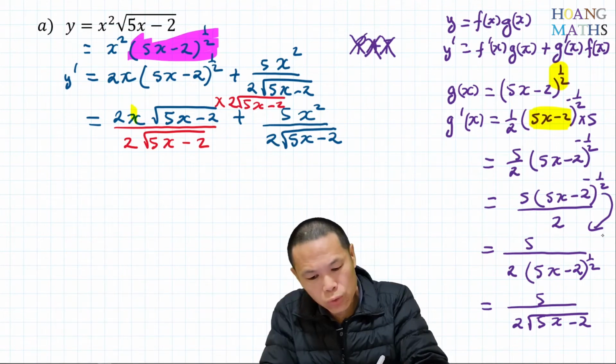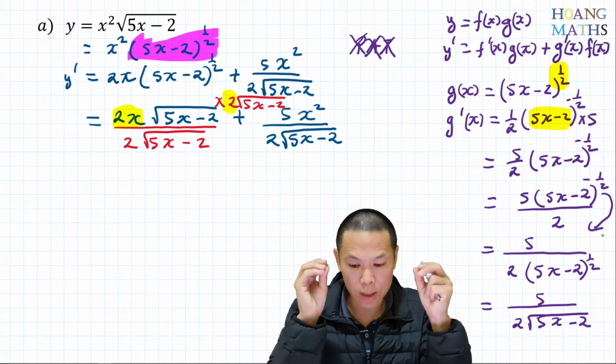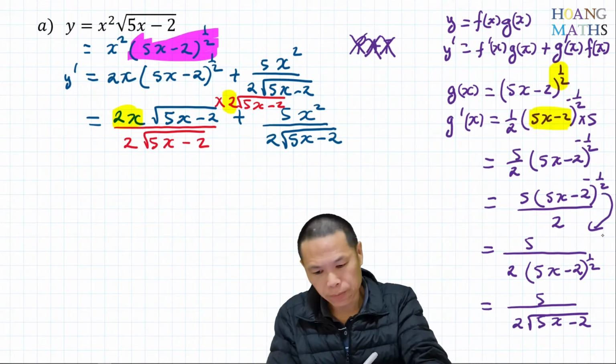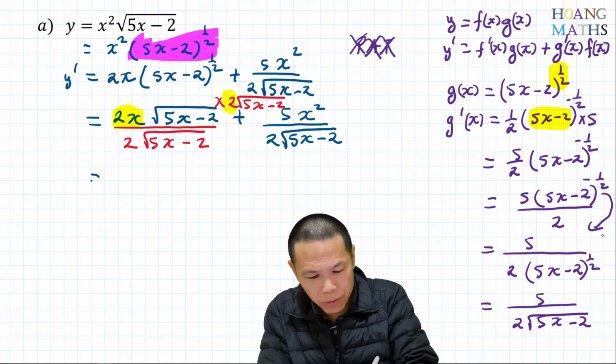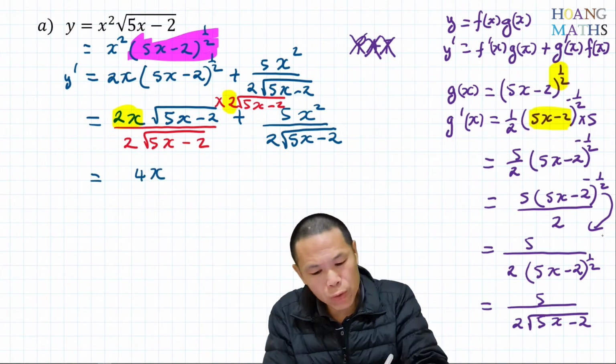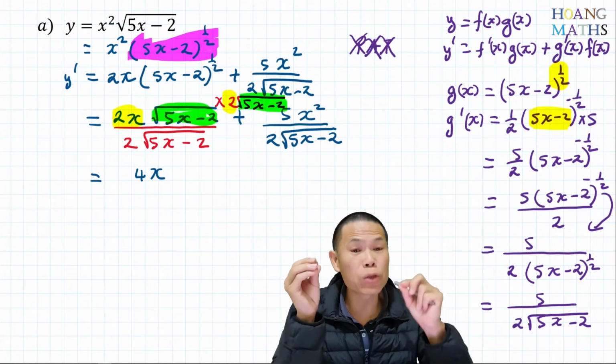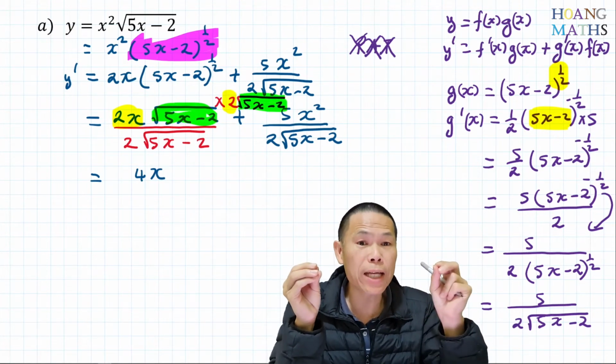Now 2x times 2 is 4x. And then square root of this times square root of this. Remember, square root of x times square root of x is x.